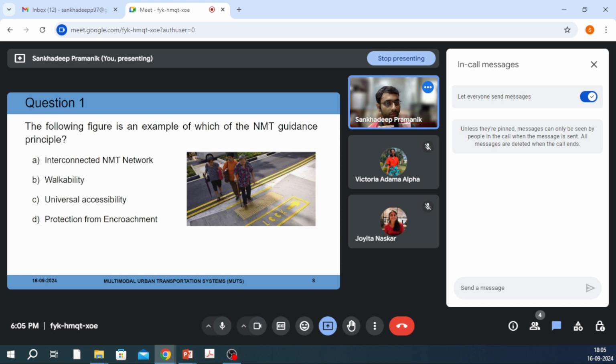The picture is basically showing that old people are accessing this footpath facility, so it is universal accessibility. C will be the correct answer.